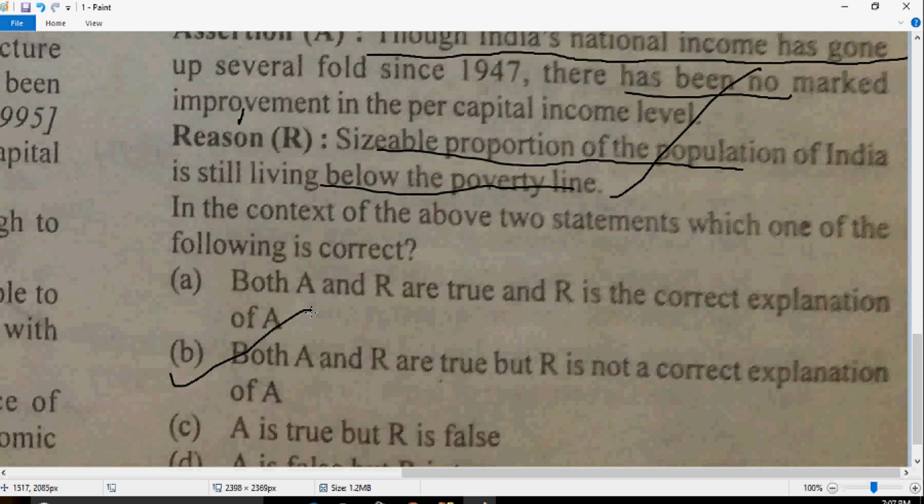That was question 9, of course. Why is it so? Because, as we know, per capita income is the net national product at factor cost. So that's why we will choose B here.